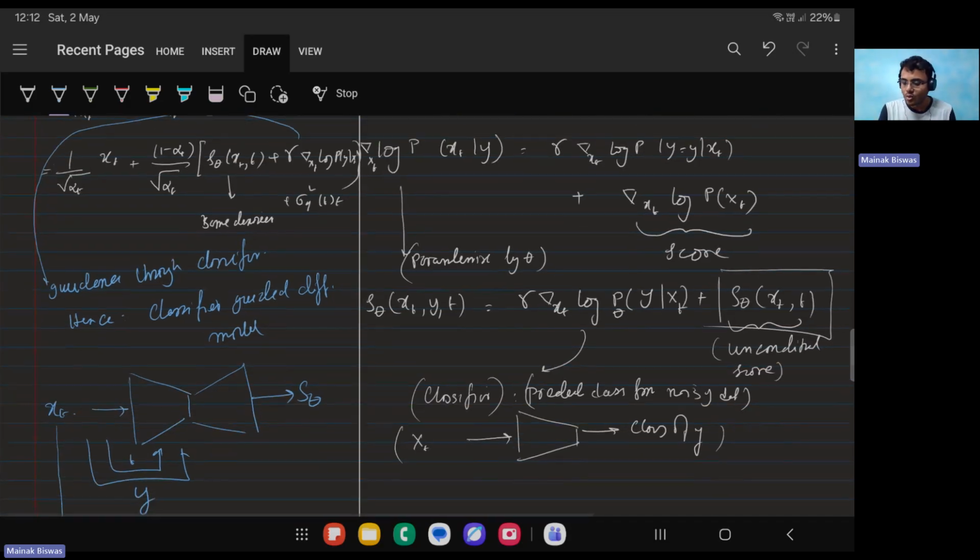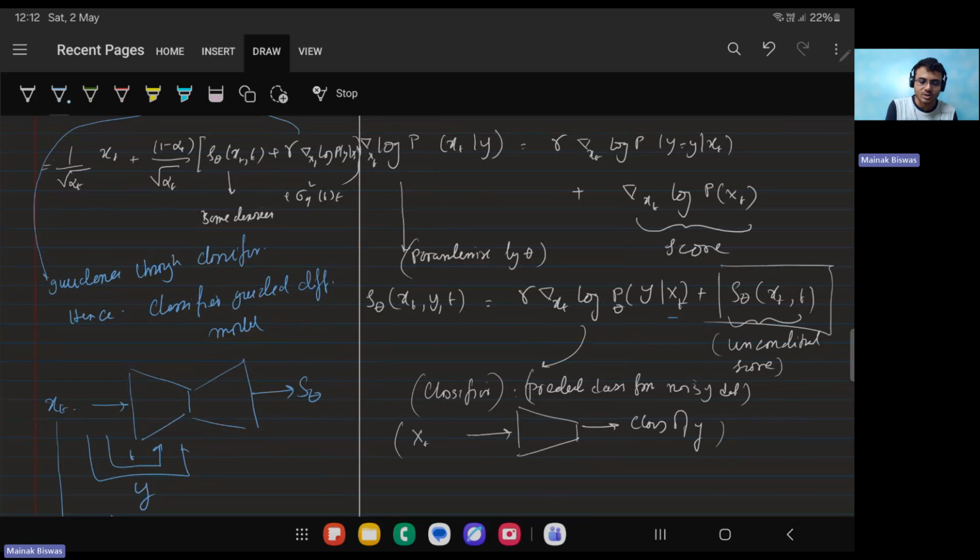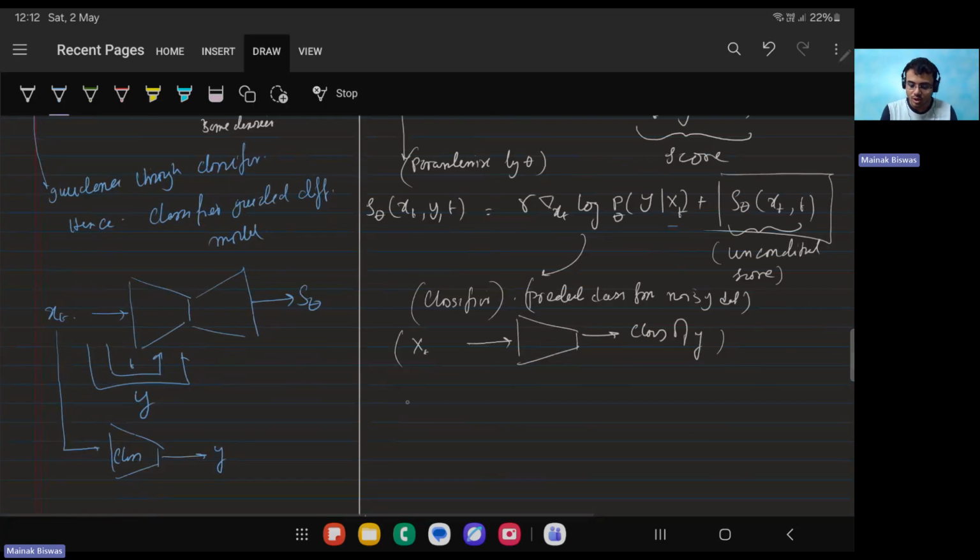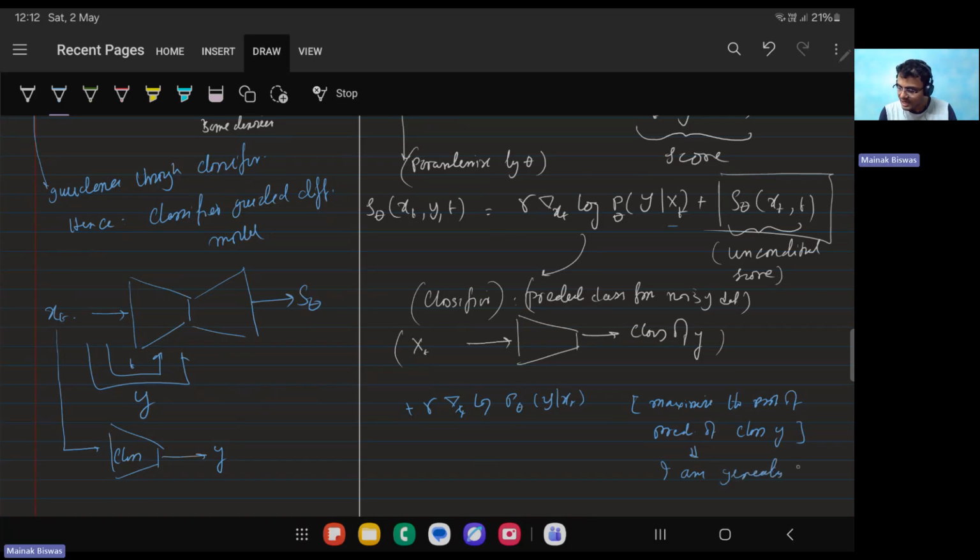So what does this mean? If you want an intuition, the gradient with respect to xt of log p theta of y given xt. If you're adding this, it maximizes the probability of prediction of class y, which means I am generating that class itself.